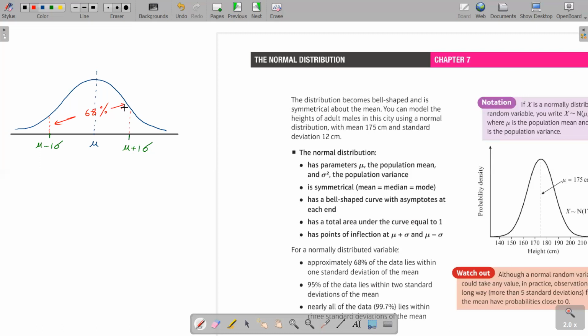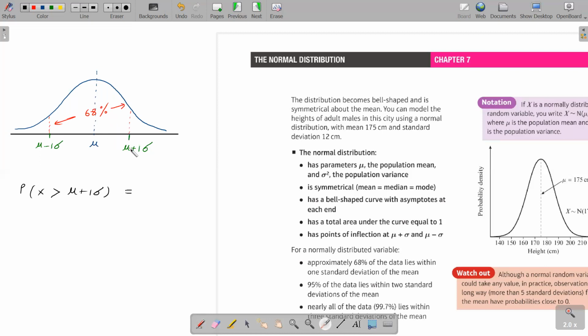Are you with me? If I ask you how much of the data you have after mu plus 1 sigma, what is the probability that, say, our continuous variable x is greater than mu plus 1 sigma? What would you give me as the answer? Now we know this distribution is symmetric, right?